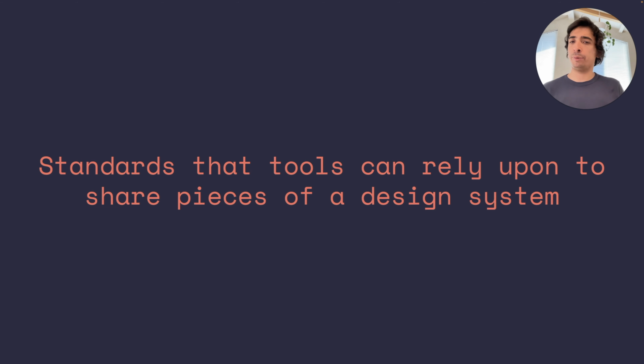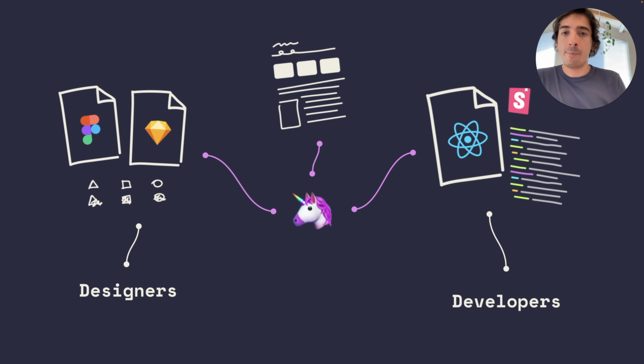They usually include things like colors, typography, spacing, and all of these things are defined in a standardized format that all of these different tools or people can understand. So design tokens are what the future we talked about would be built upon, most likely.